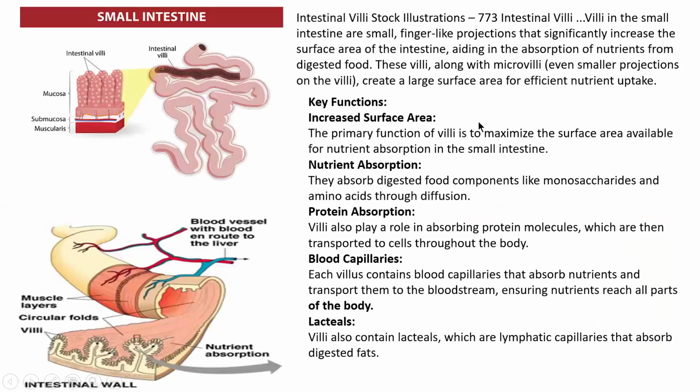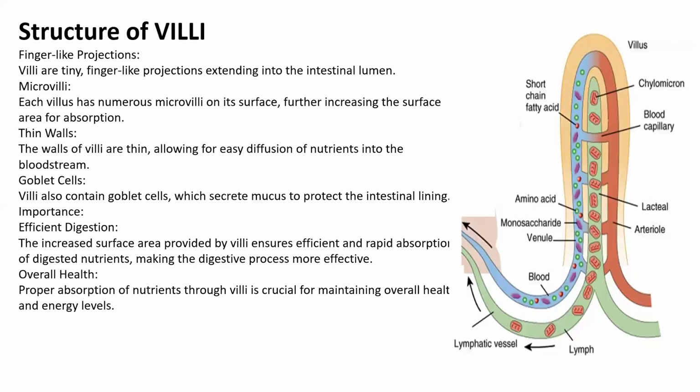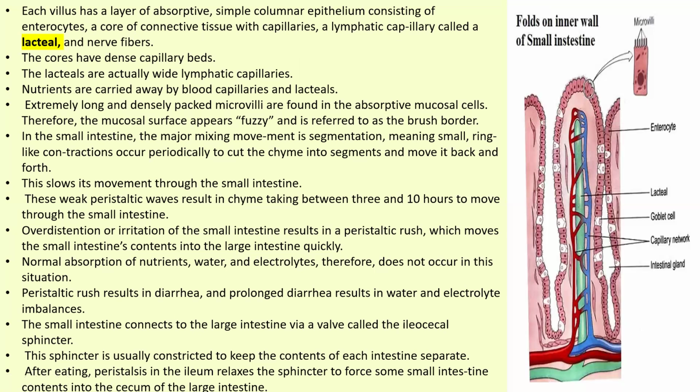Weak peristaltic movement takes place in the small intestine, and these weak peristaltic waves result in chyme taking between 3 and 10 hours to move through the small intestine because of the presence of villi. Over-distension and irritation of the small intestine result in peristaltic rush, which moves the small intestine contents into the large intestine quickly.